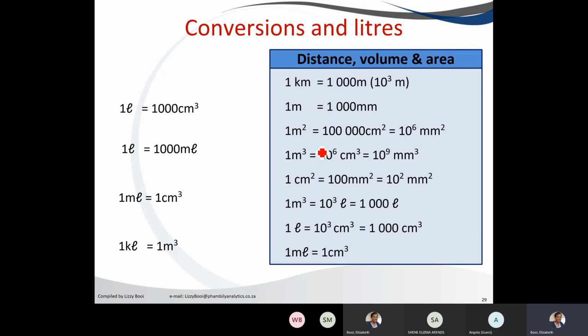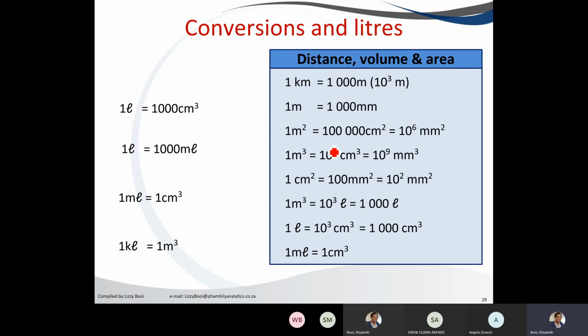I think it's 100,000 centimeter cubed to 10 million millimeters.